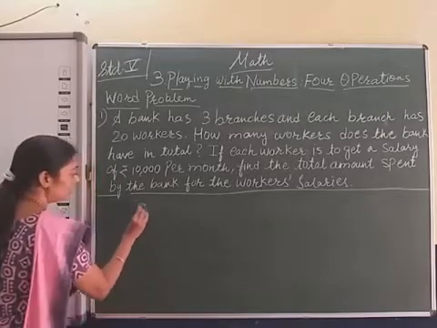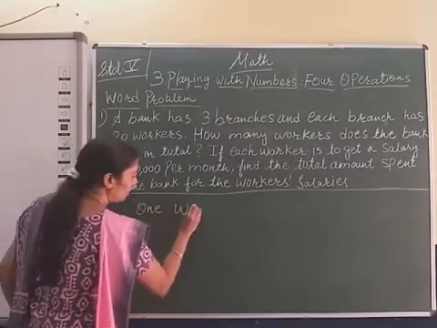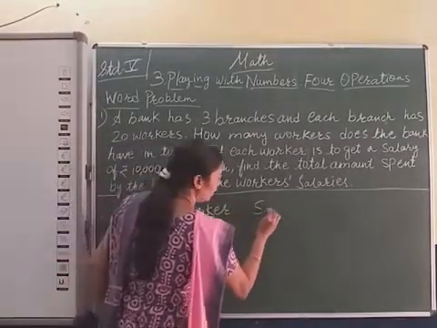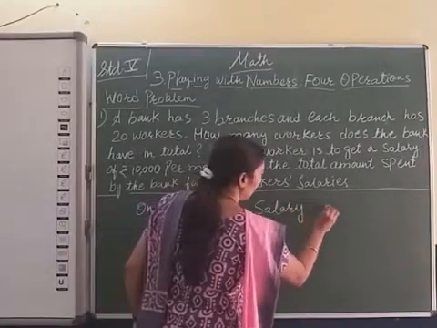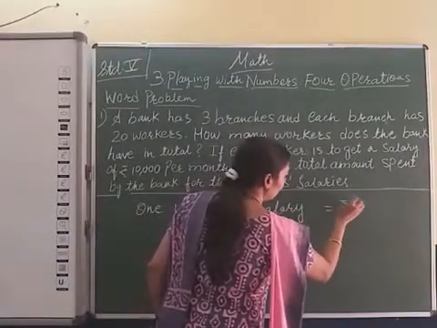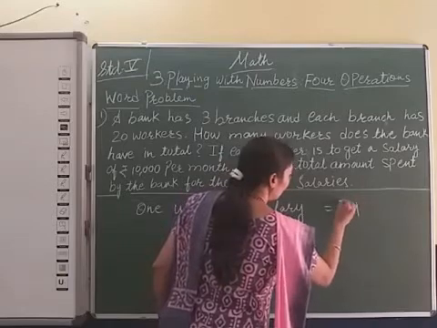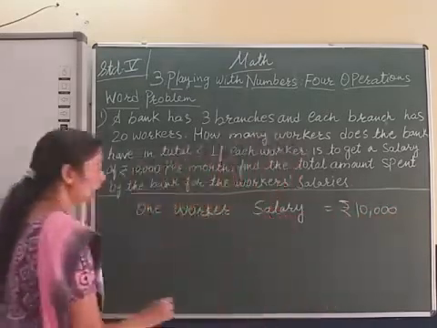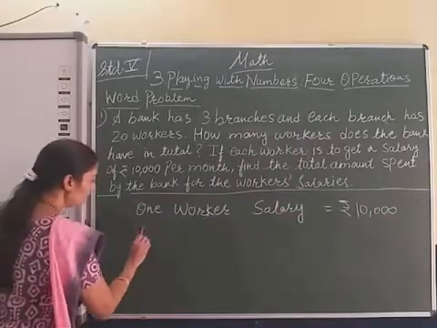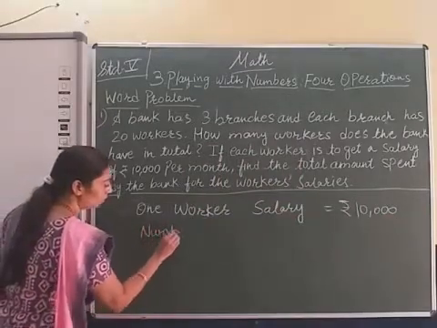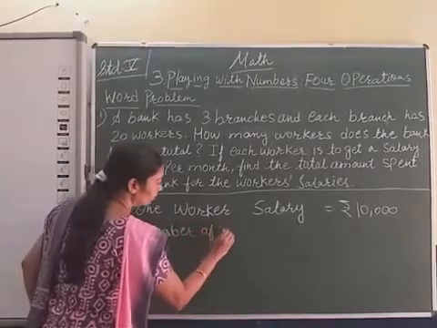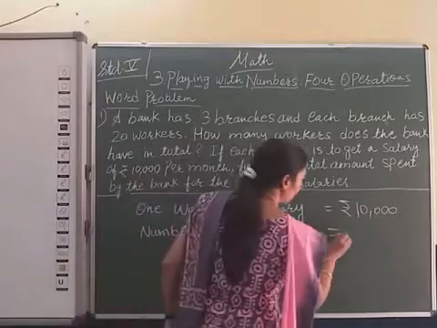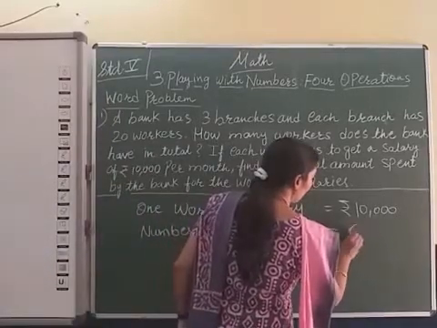So we write here, one worker salary is equal to rupees 10,000, and number of workers is 60.